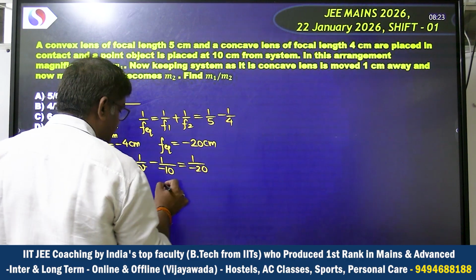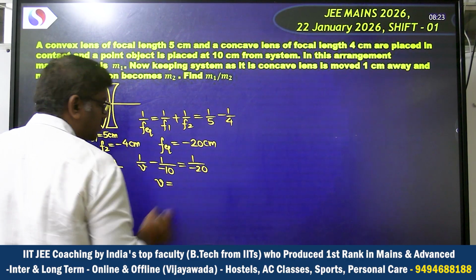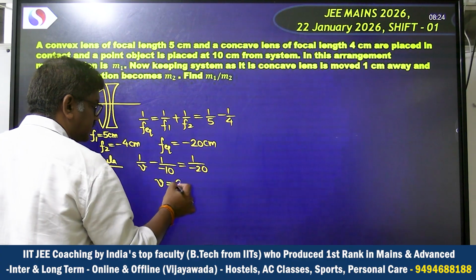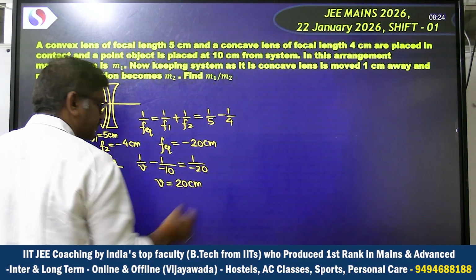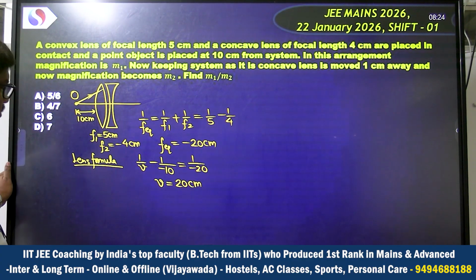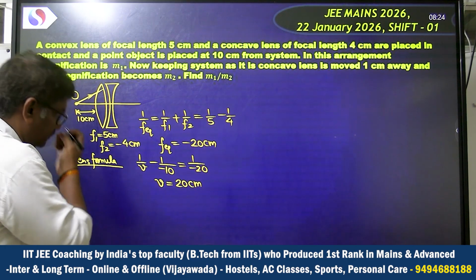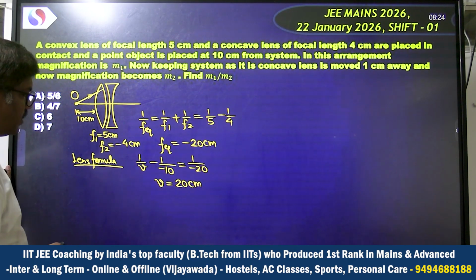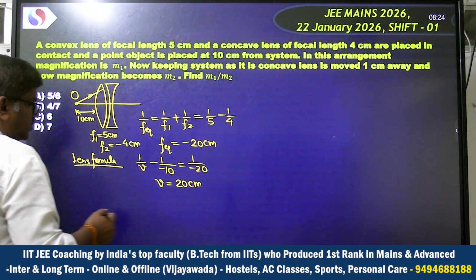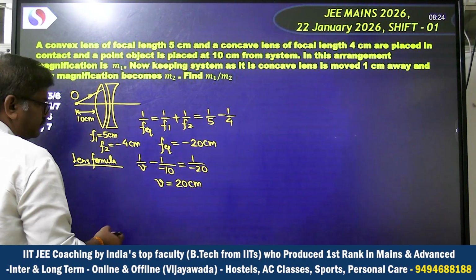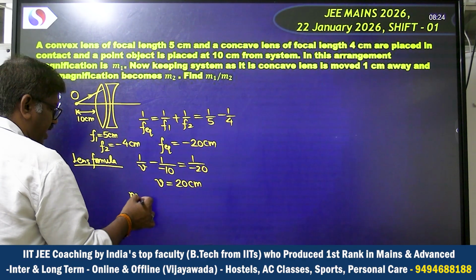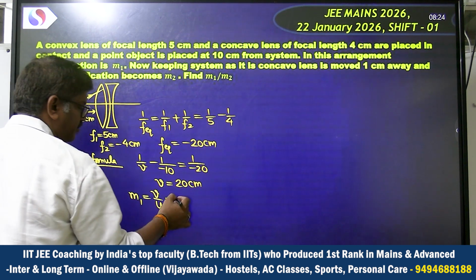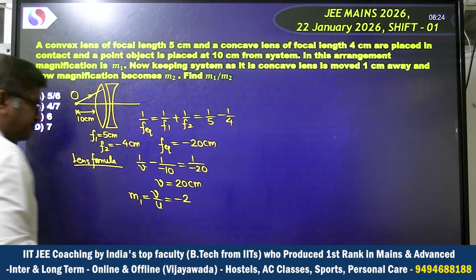It is giving you 1 by V is equal to 1 by 10 minus 1 by 20, which becomes 1 by 20. Is it? 1 by 10 minus 1 by 20 becomes 1 by 20, right? So it is giving me the magnification m1 as V by U, which is going to be minus 2.